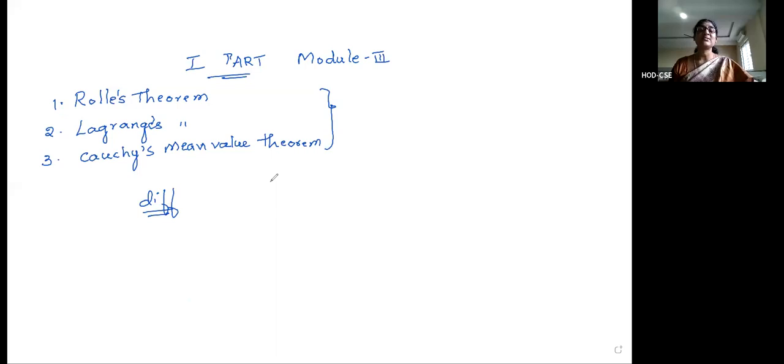Okay, let me take this example. Let us suppose that f of x is equal to some function where it is not differentiable, say root x, for all x belonging to some open interval, let us take from -1 to 1.